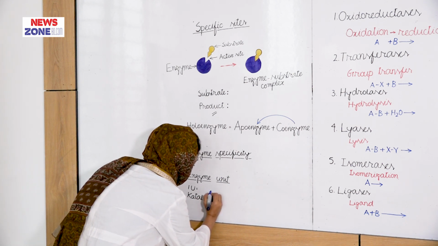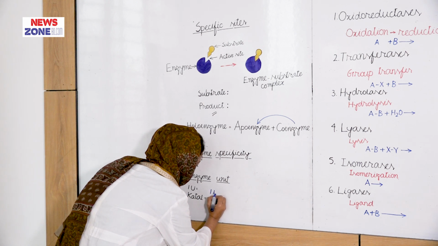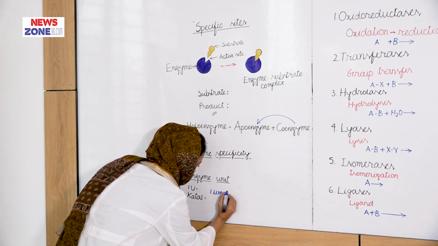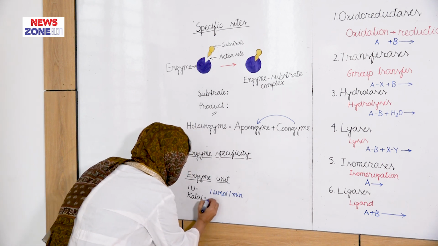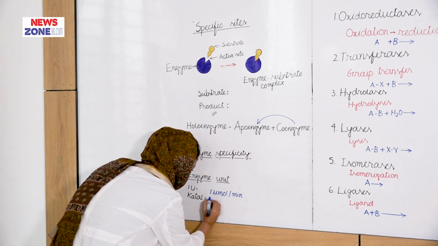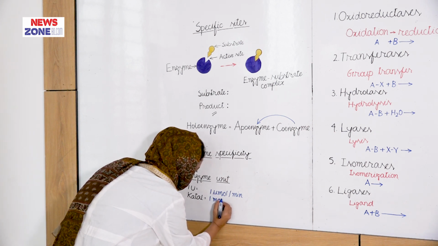And according to katal, it denotes the conversion of 1 mole of substrate per second.